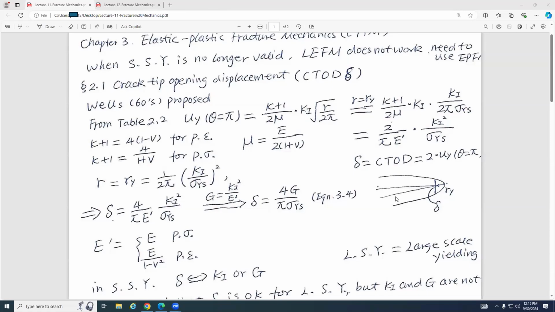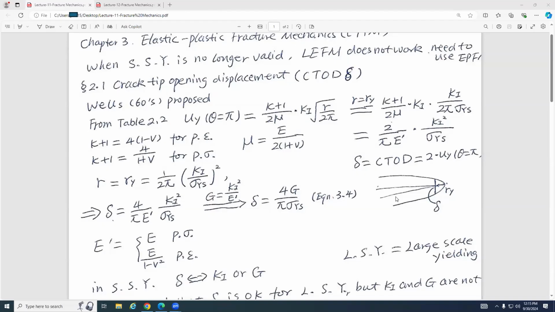So what about kappa? This is kappa, cursive. This is not K. We have kappa plus 1 equals 4 minus nu for plane strain, and write this down on your lecture notes. The nu is the Poisson's ratio.